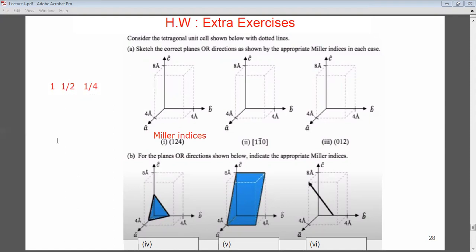Now if I come to my figure, it intercepts the x-axis at this point, it intercepts the y-axis here in the middle, and it intercepts the z-axis somewhere here. It should be at 1/4. And now this is the plane.